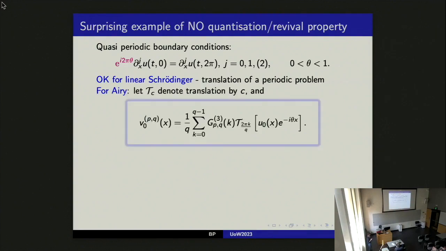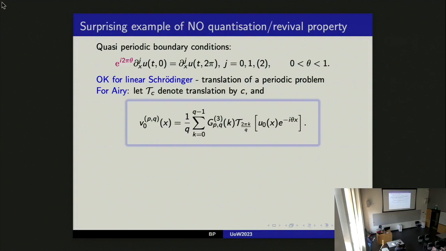However, if you look at Airy, that wasn't what we found in the pictures. We couldn't understand it, but there is a very neat and very simple trick that tells you why this happens. If you start with u0 as your given initial condition, and you take the solution starting from this modified initial condition, translated, and these are just those Gauss sum coefficients in the Erdogan and Tzirakis formula.